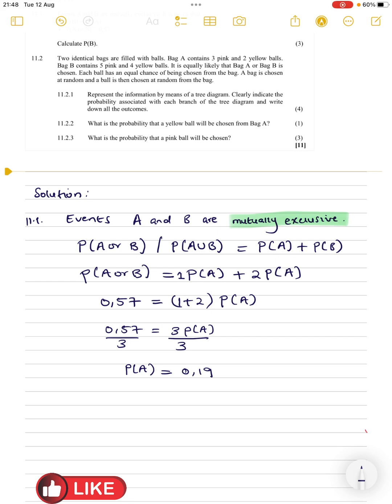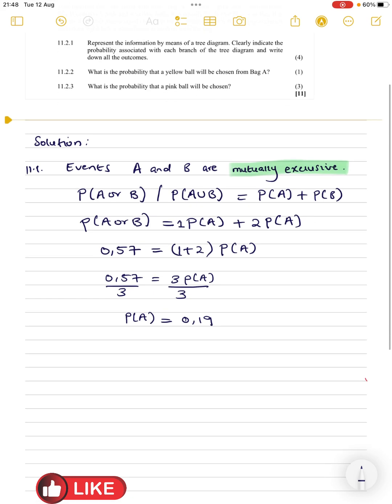So the probability of A in this case will then be equal to 0.19. Now that I have the probability of A, I can go and write the probability of B, because I'm told that the probability of B is twice the probability of A, which is equal to 2 times 0.19, which will be 0.38.